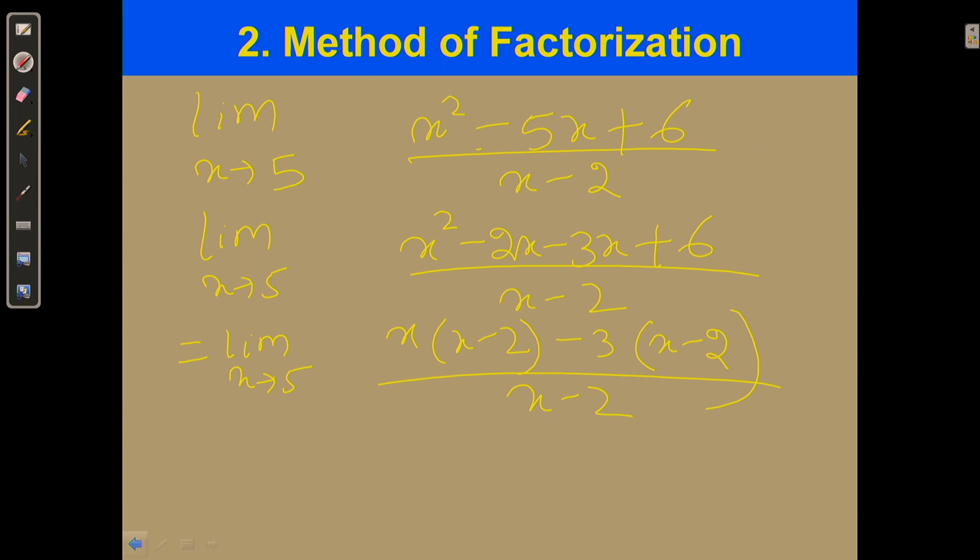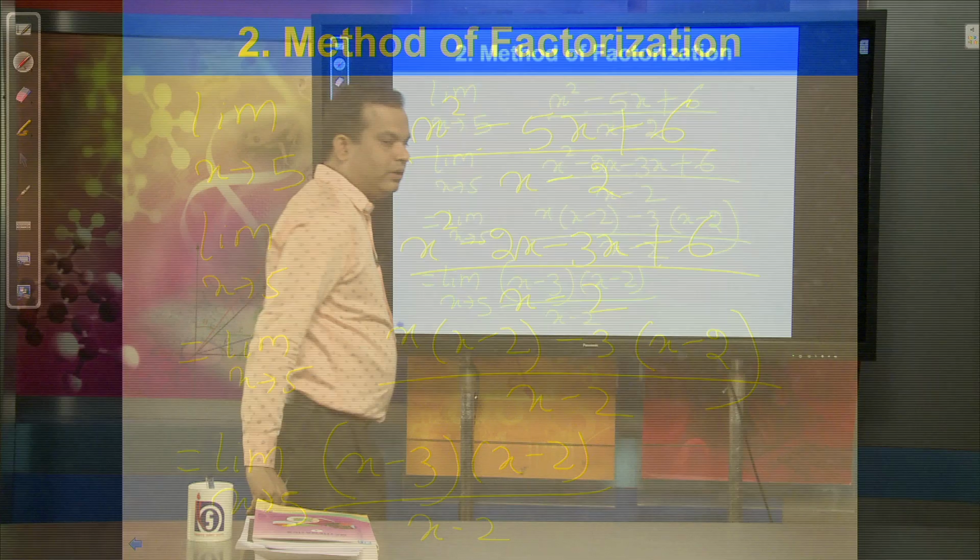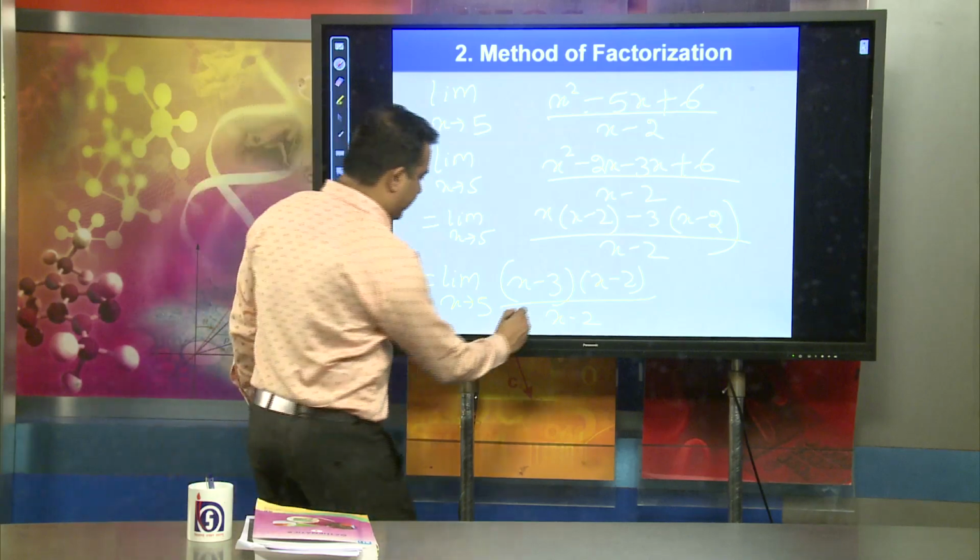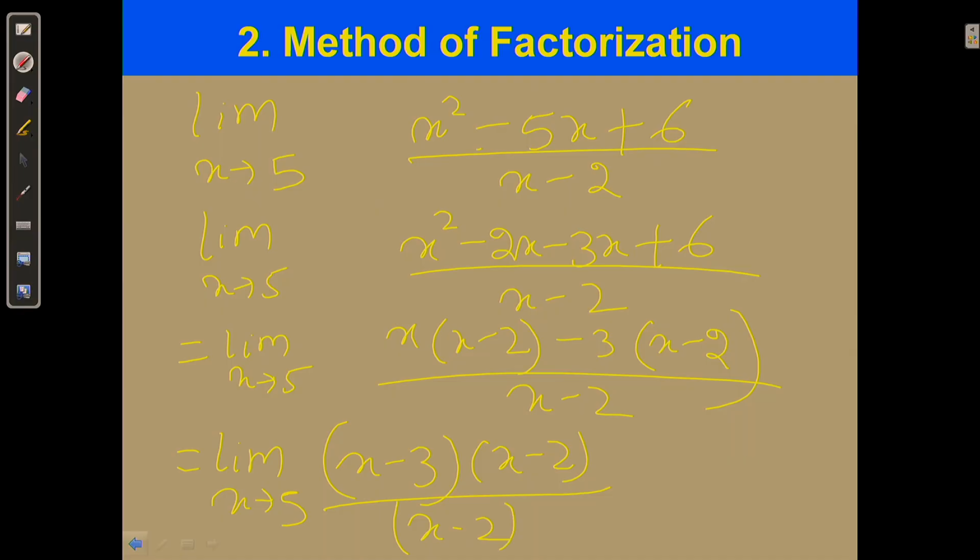The result is the limit as x tends to 5 of x minus 3 into x minus 2 divided by x minus 2. The x minus 2 in numerator and denominator cancel, and the result is x minus 3.